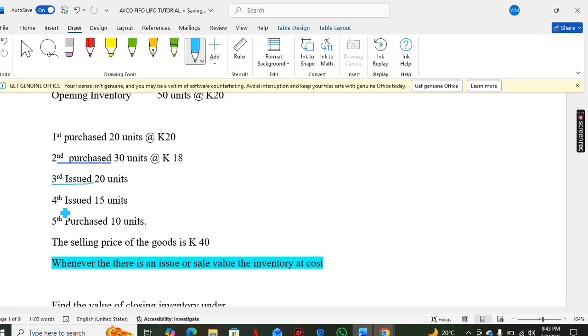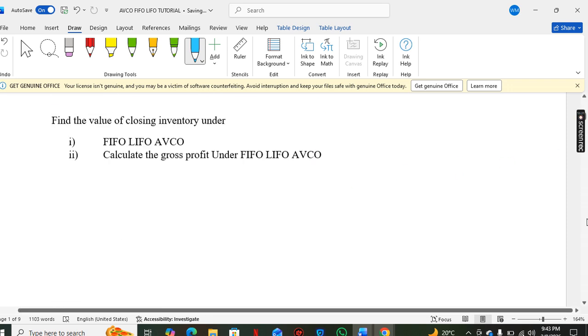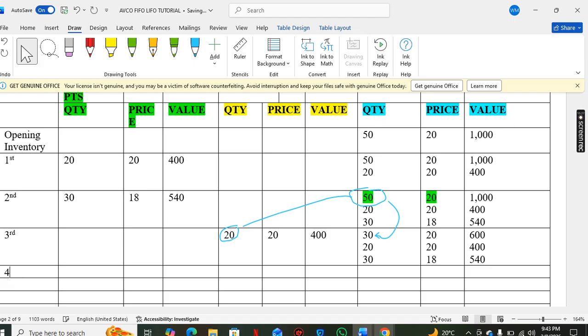Okay, we're on the 4th here. Issued 15 units. So we come here on the 4th. Issued 15 units.